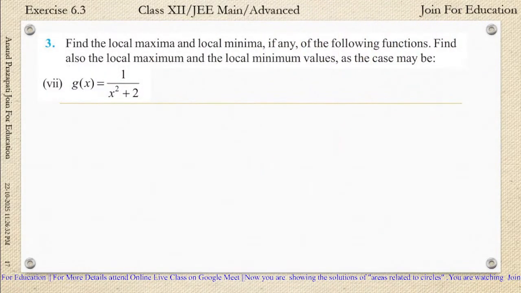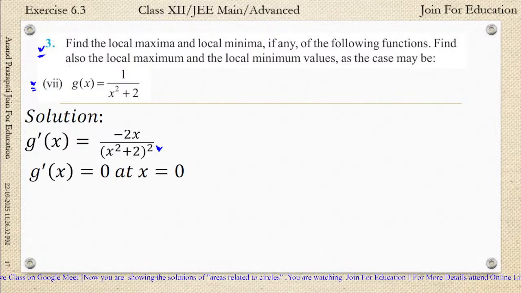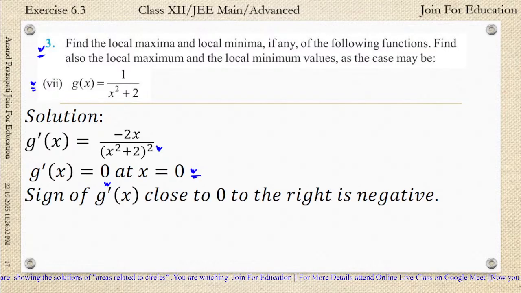Let's see the question number 3 to 7. First derivative of g x is minus 2x by x square plus 2 to the power 2. First derivative of g x, or g dash x, equal to 0 at x equal to 0. Sign of g dash x close to 0 to the right is negative.